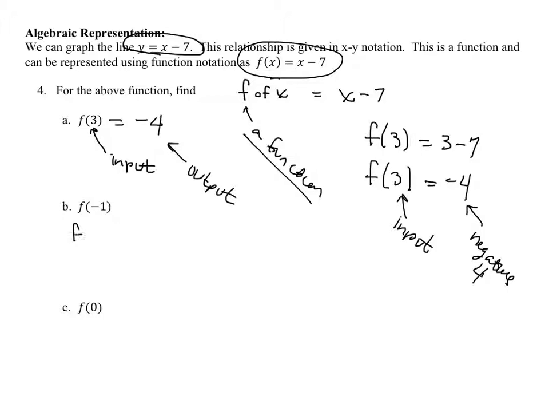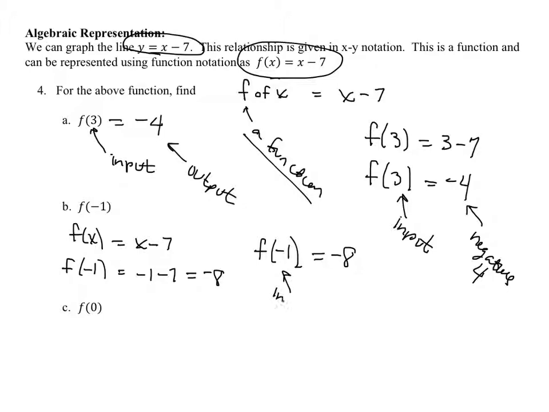So here's my function, and I'm going to put in -1 everywhere I see an x. So f of -1 is equal to -8. Here's my input. Here's my output. Cool?